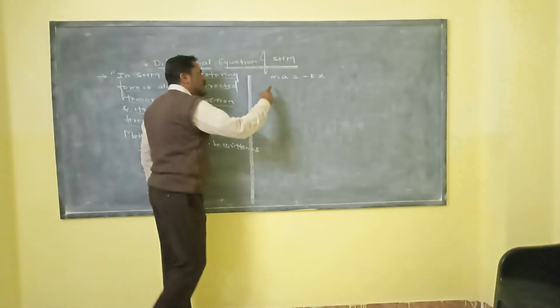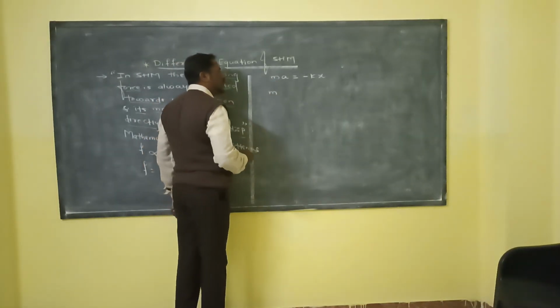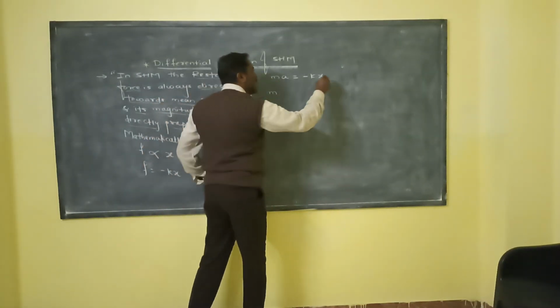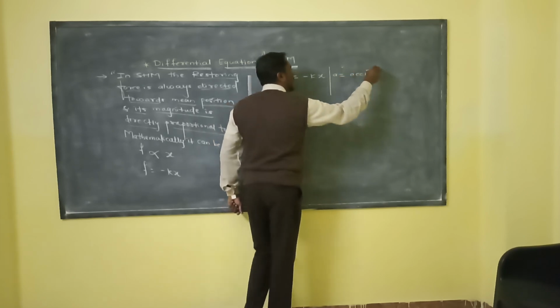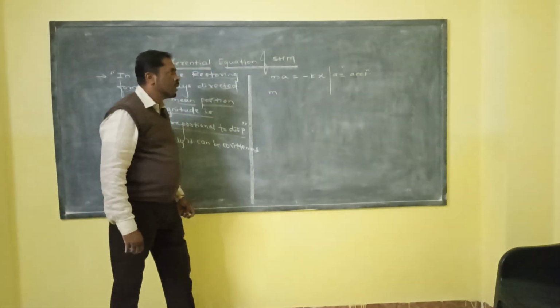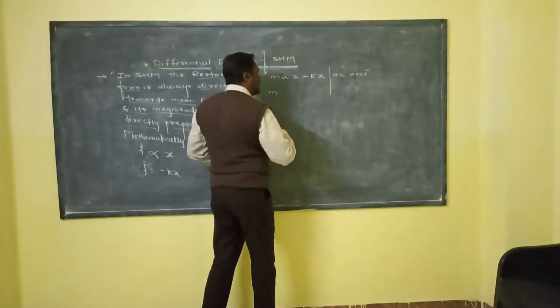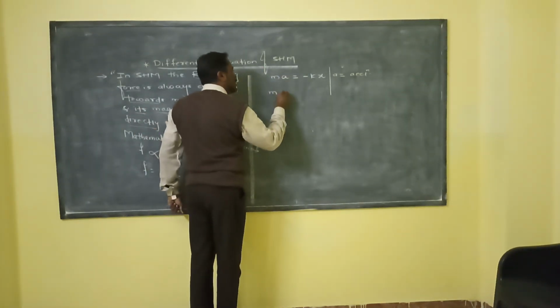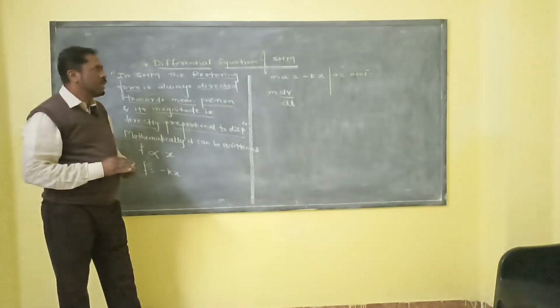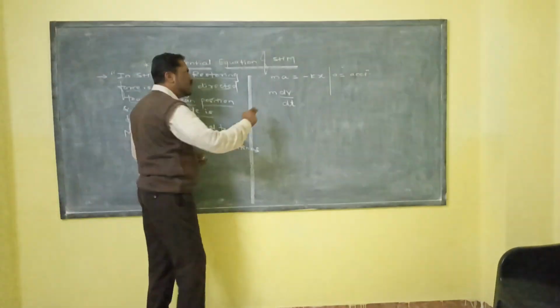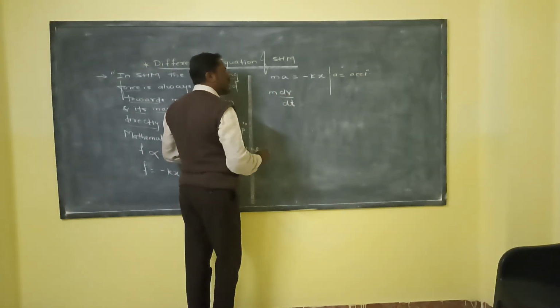Keep this m as it is. What do we understand by this a? A is called acceleration, and acceleration is defined as change in velocity upon time.